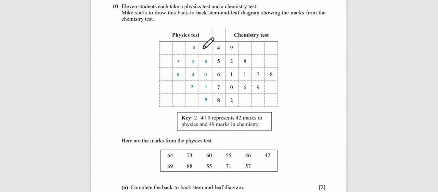Smaller numbers come before bigger numbers. 69, 88, 55, another 55, 71 here, and 57. That's it.